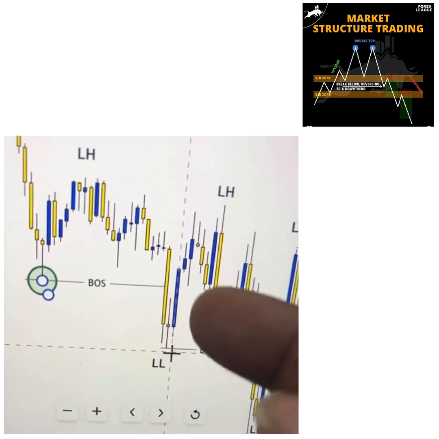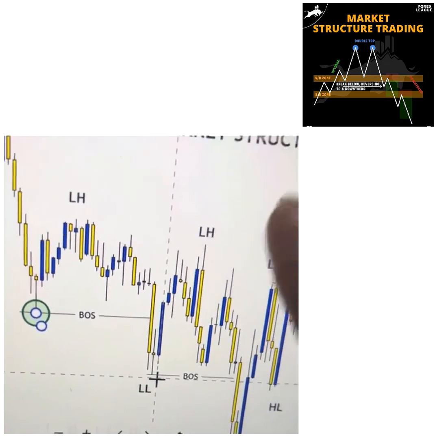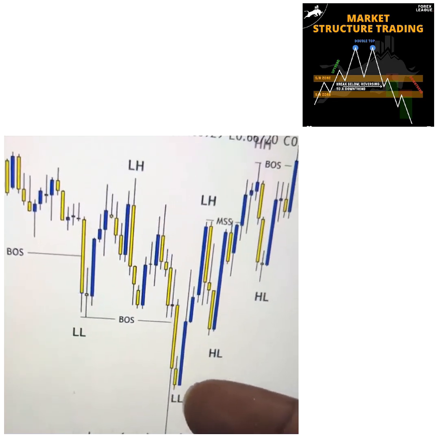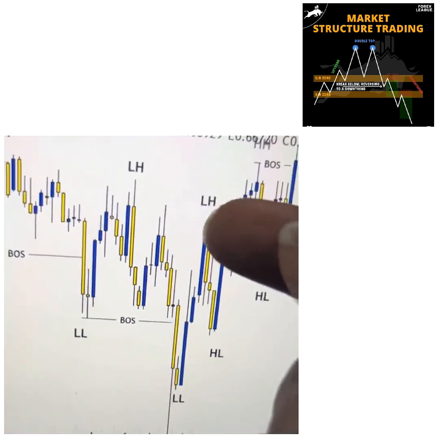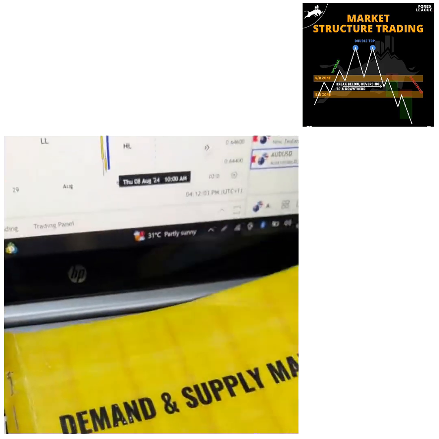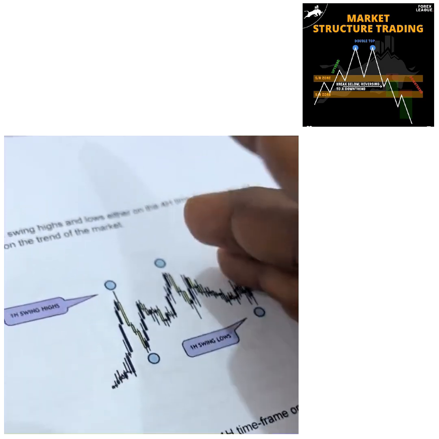Now it retraces back, failing to break this high here. Now the market is making a lower high. Every time the market pushes down and gives you a break of structure, we have a lower low. Push up again, lower high. Now if you notice my strategy, we said we need to have 2 swing highs and 2 swing lows, and price should not break and close below that low for us to validate that our strategy is correct.